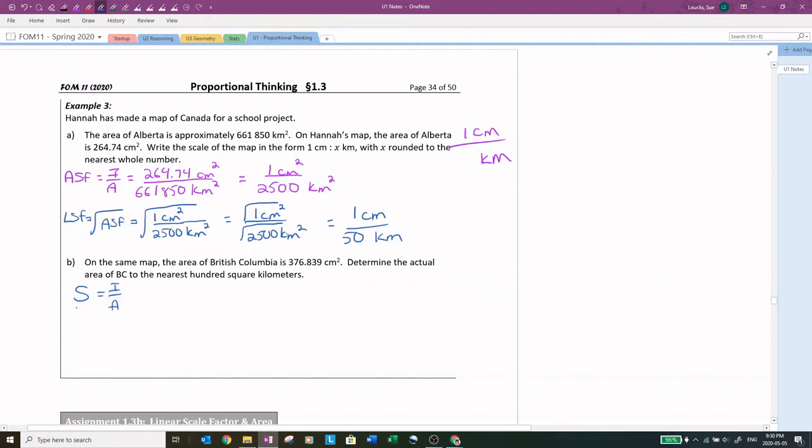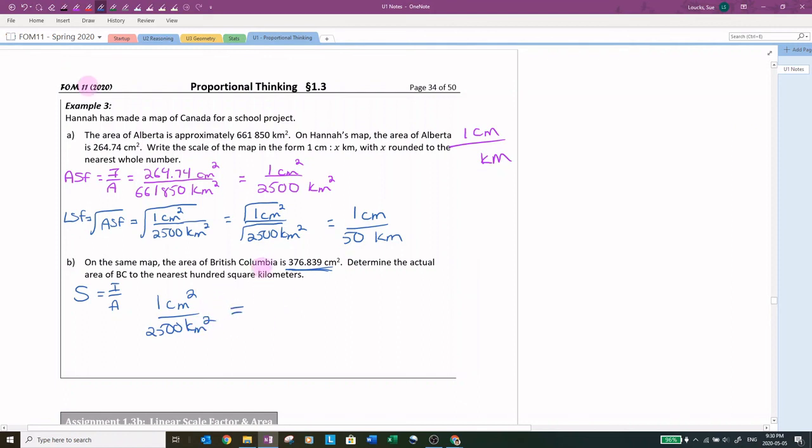And I'm going to use the scale factor. I know what the scale is for this map. We're going to use the area scale because we're just talking about the area of BC. So the area scale is 1 centimeter squared over 2,500 kilometers squared.